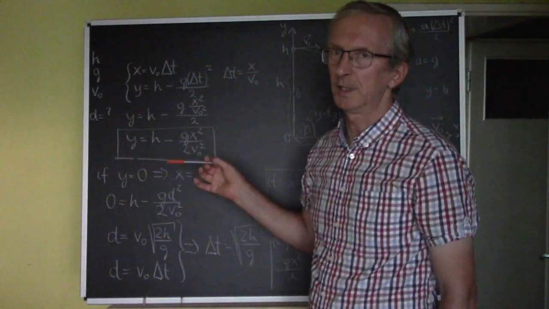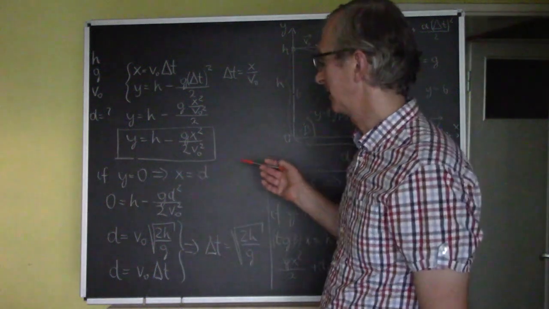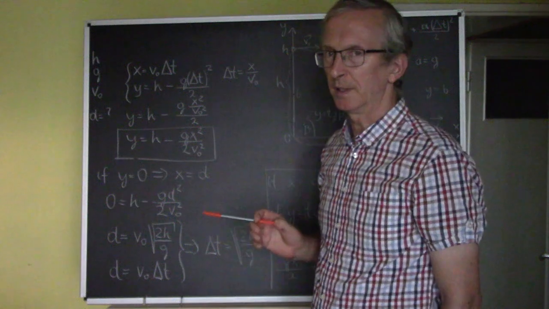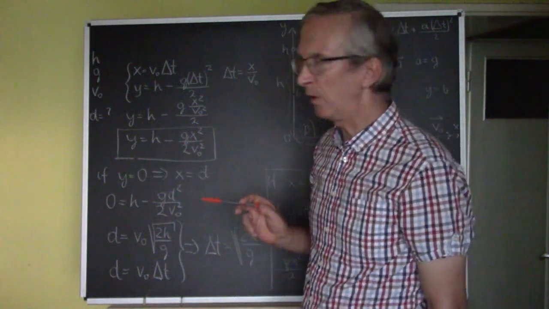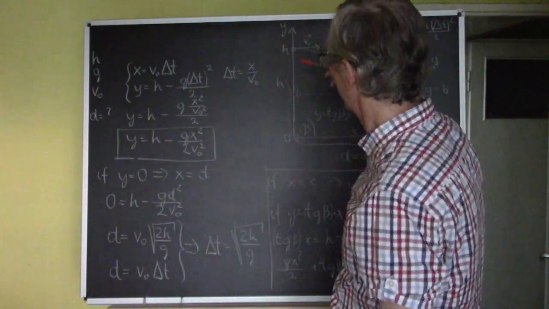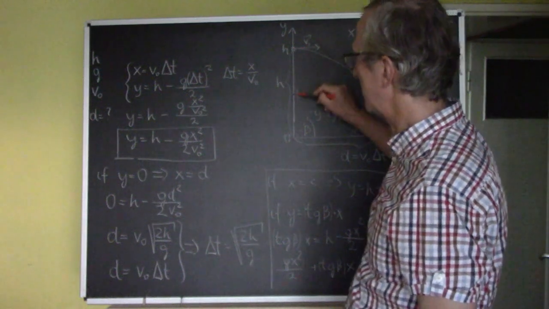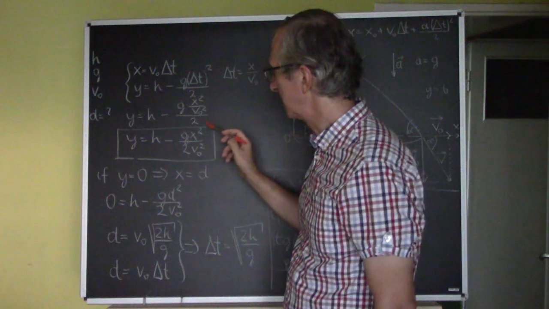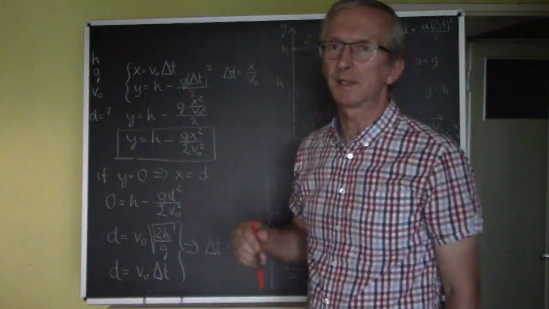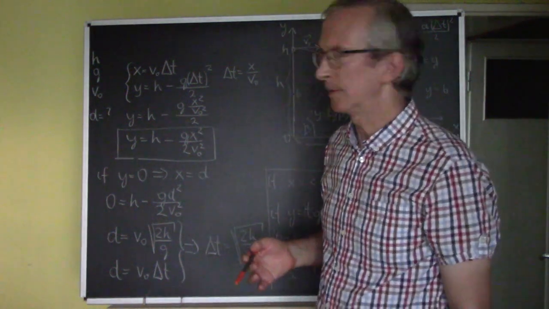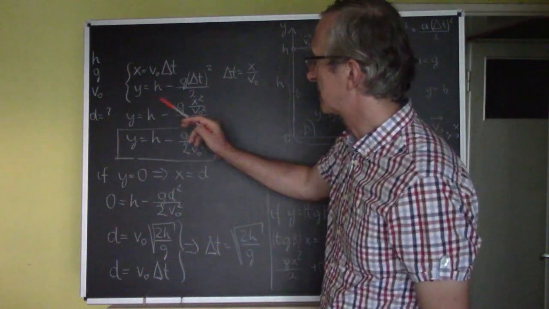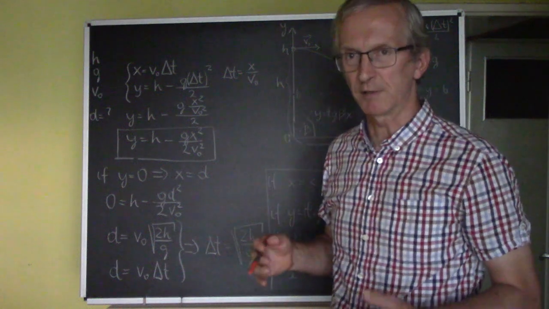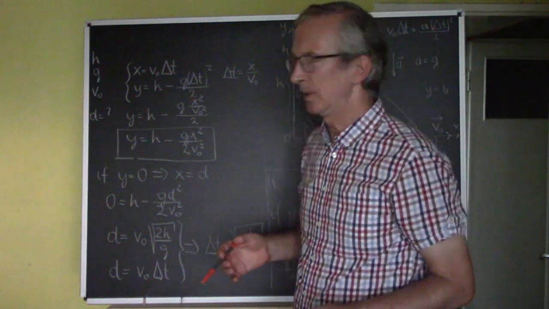So we have a quadratic equation, and this equation has a solution only if h is greater than b, because x squared is positive, so this difference h minus b also has to be positive.